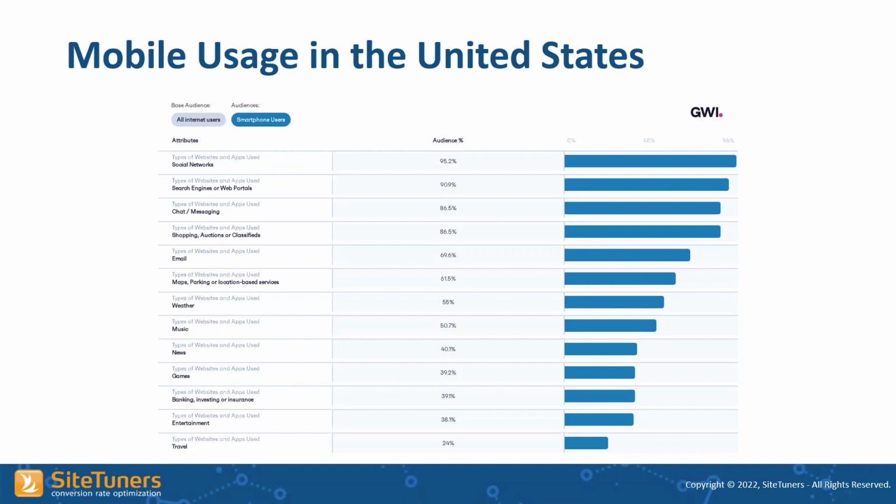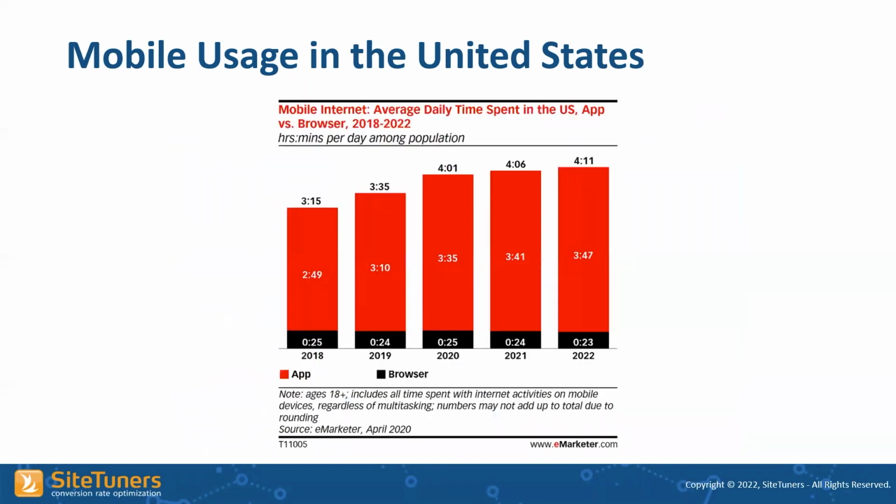So when we look at this next slide, this is a very telling slide. If you look at the amount of time people spend in an app versus the amount of time they spend in a browser, that difference is huge. And so average daily time spent in the US, 4 hours? I mean, seriously, 4 hours, on your phone, just doing whatever you're doing, right?